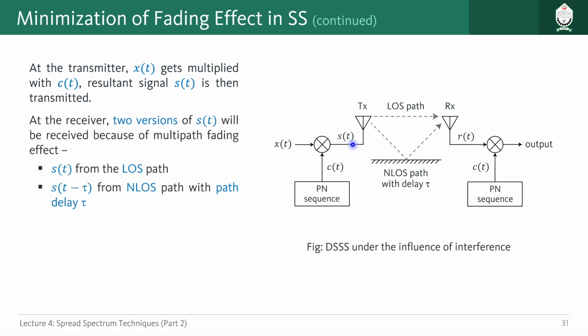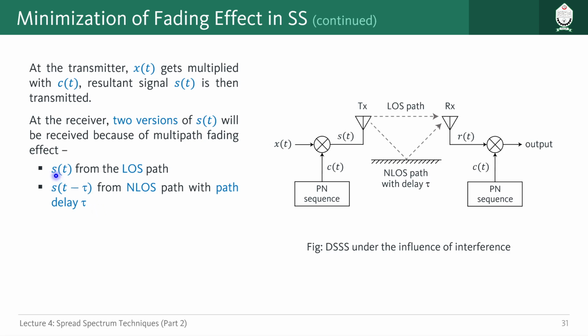And as we have two multipaths in our channel, two versions of this s of t will be received at the receiver. One of them is the s of t from this direct line of sight path, and another one is from this non-line of sight path with delay tau. So that component is s of t minus tau, right?